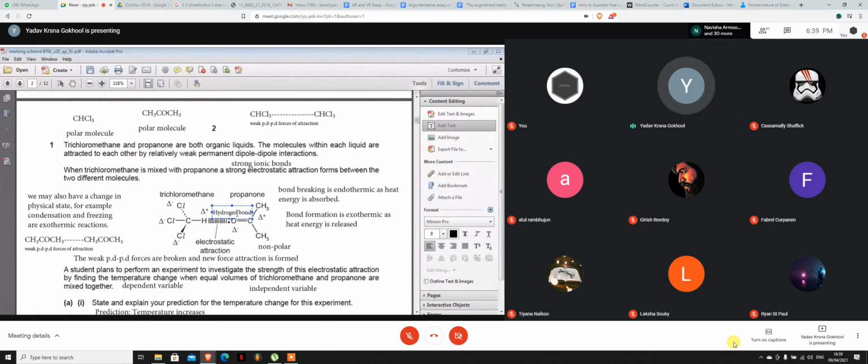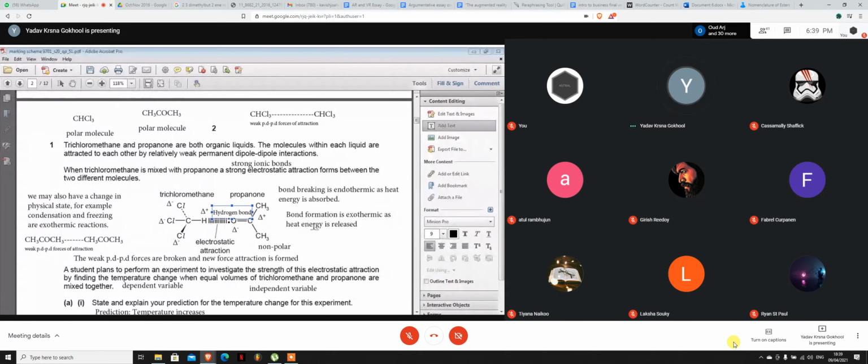We all know that hydrogen bonds are stronger forces of attraction. So we have bond breaking which is taking place, which is endothermic as heat energy is absorbed, and also we have bond formation which is exothermic as heat energy is released.